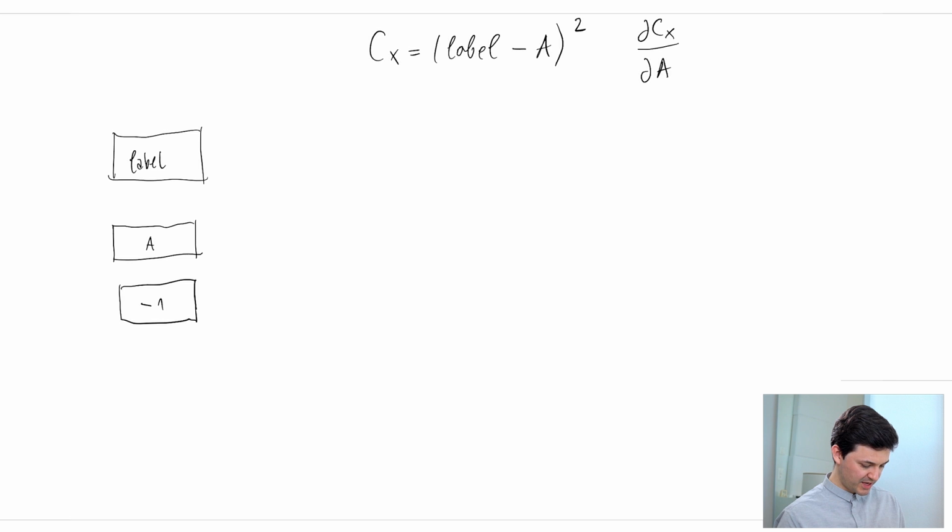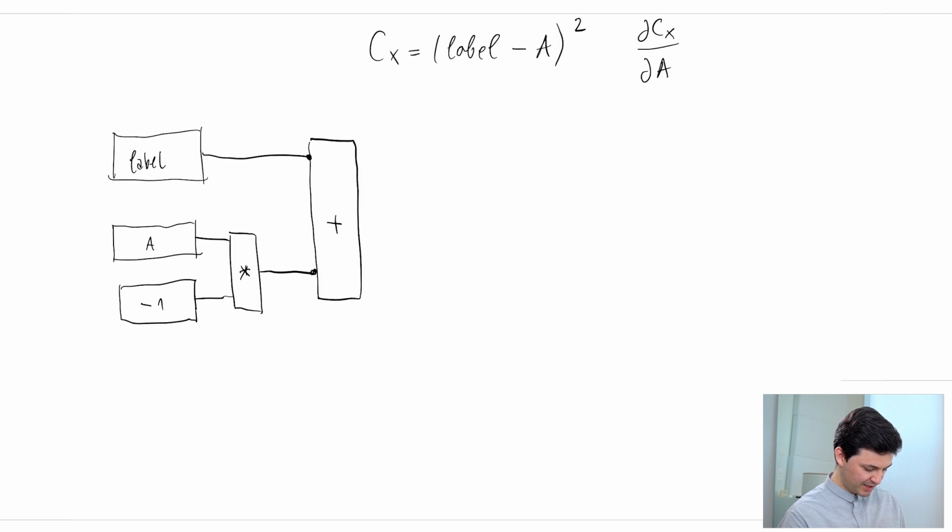So what do we do next? If we multiply A with -1, we will get -A. And the label is positive. So label minus A is the same as adding these two outlets. So if we add label to this value, which I call A star, label plus A star is the same as label minus A. Now I need to square this sum.